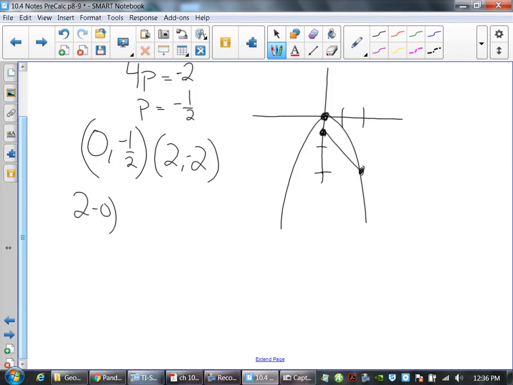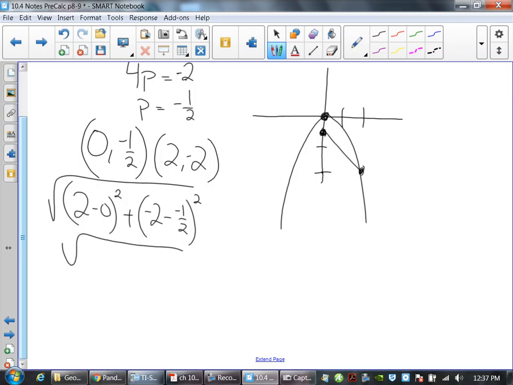2 minus 0, quantity squared, plus -2 minus -1/2, quantity squared, and square root it. Right off the bat, we're going to get 4 plus, well, the next one would be what? -2 plus 1/2, so it would be -3/2, squared is positive 9/4.